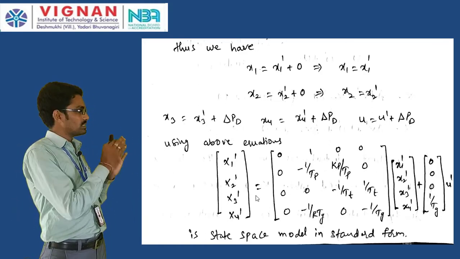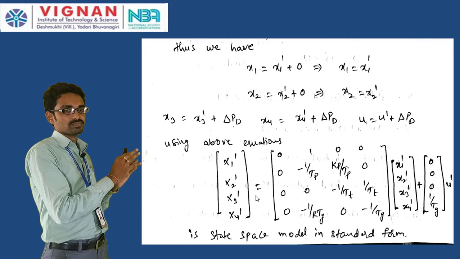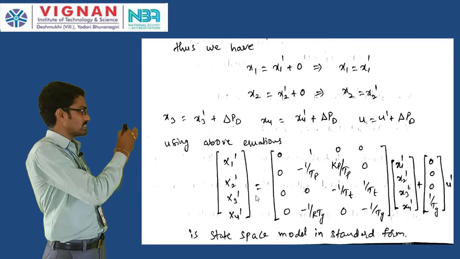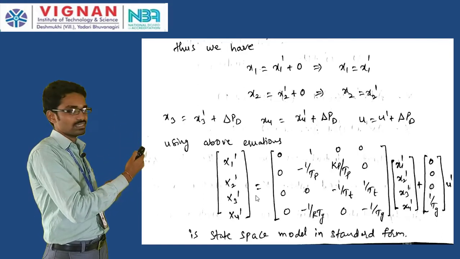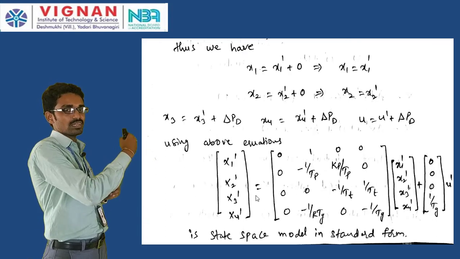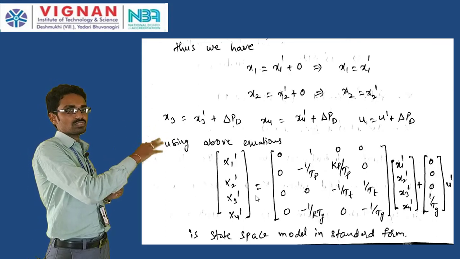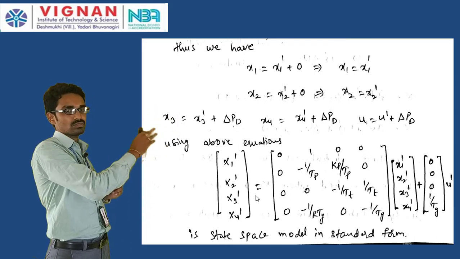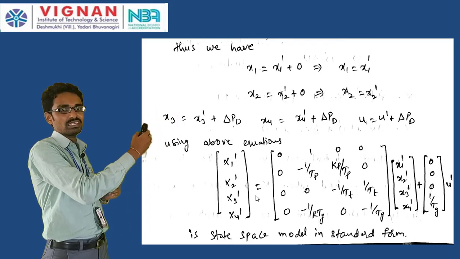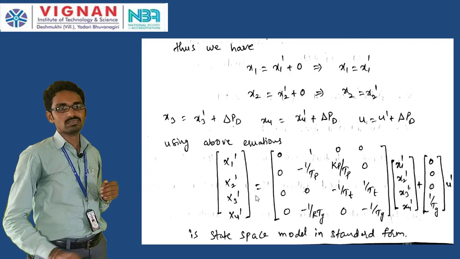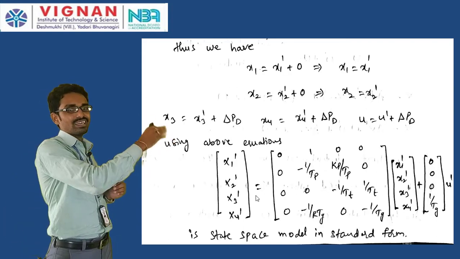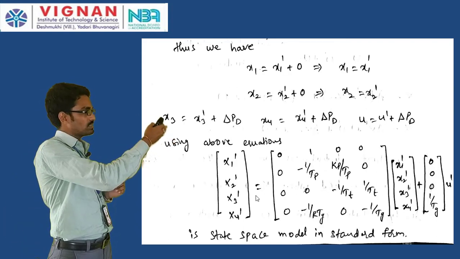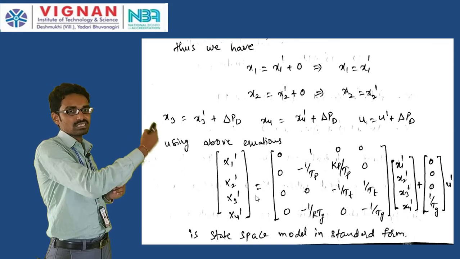If I arrange these terms in the state space model, you have x1 dash, x2 dash, x3 dash, x4 dash, and if I substitute the values, the A matrix is the state matrix: 0, 1, 0, 0, 0, minus 1 by Tp, Kp by Tp, 0, and so on, multiplied by the differentiated values x1 dash, x2 dash, x3 dash, x4 dash.